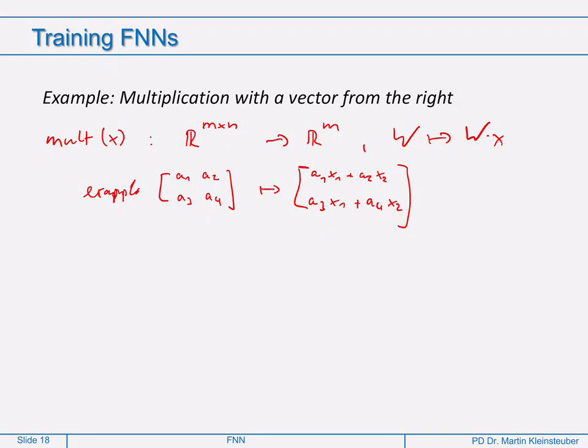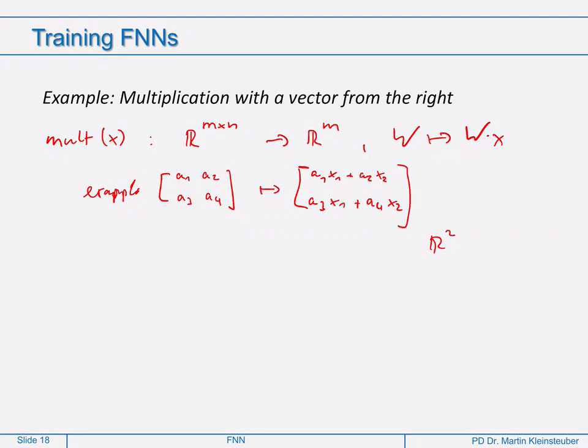And if we want to write down, so we know the output here in this example, the output is a vector in R2, but the input are 4 variables, and they are structured in this matrix form: A1, A2, A3, A4.